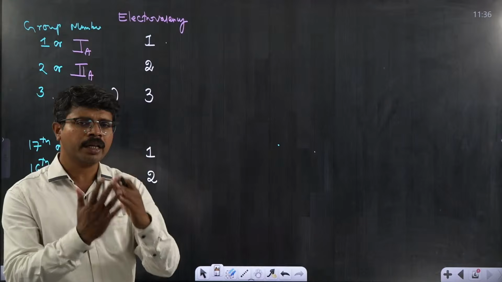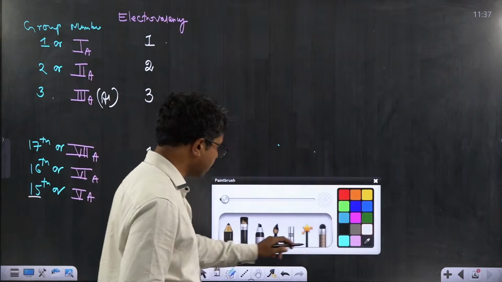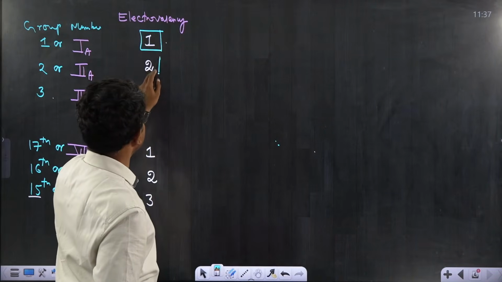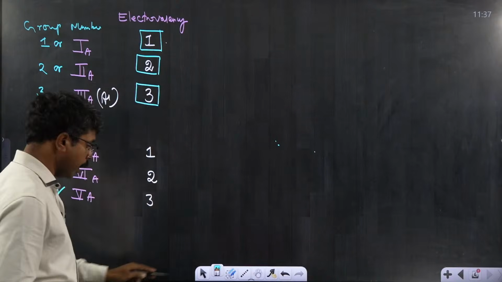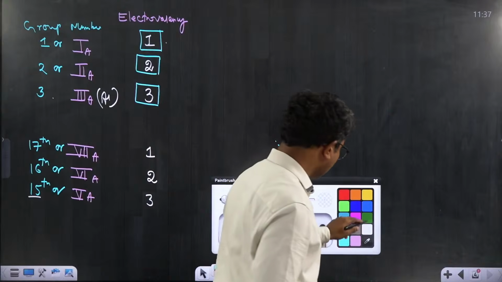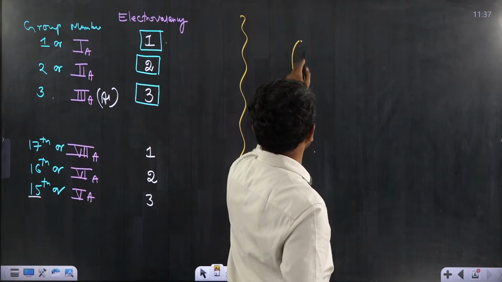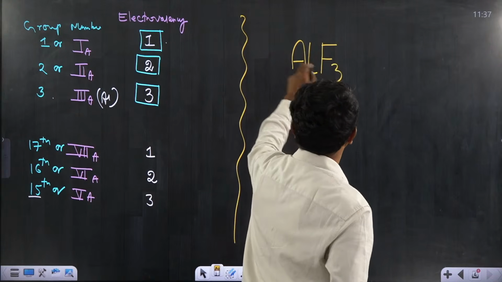They require gaining 3 electrons to achieve octet. I hope these points are clear. Electrovalency is just the number of electrons lost by a metal or gained by a non-metal.